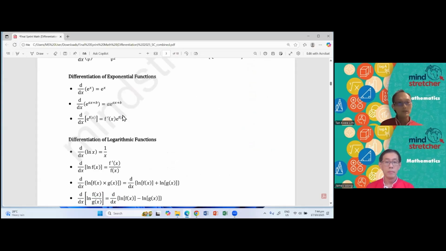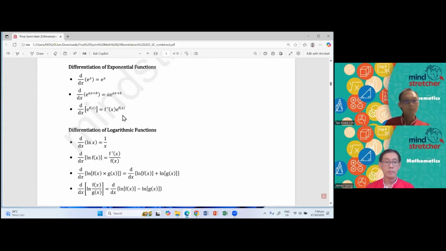Moving on, the next one is the differentiation of exponential functions. When we differentiate e to the power of x, it is simply e to the power of x. There's no change. Whereas for the differentiation of e to the power of ax plus b, we have to keep e to the power of ax plus b, but differentiate on top of that.